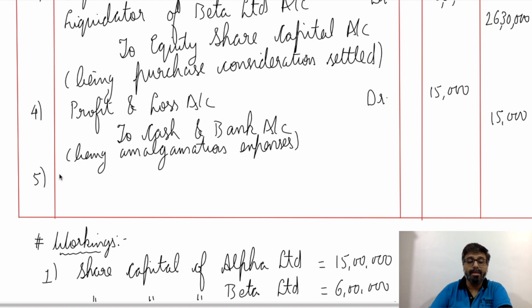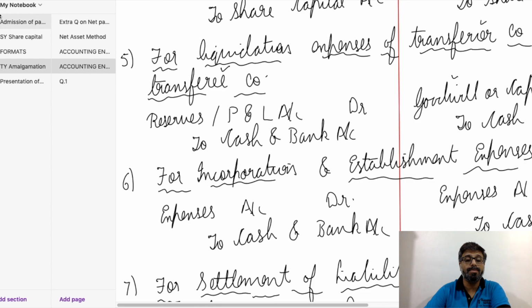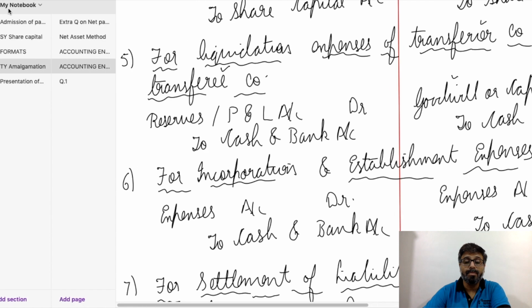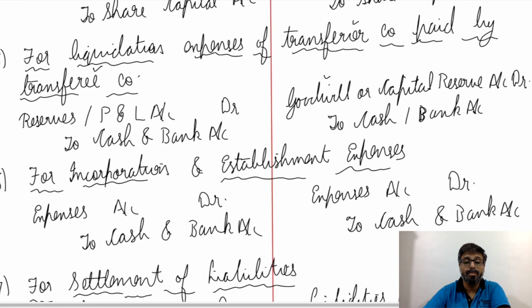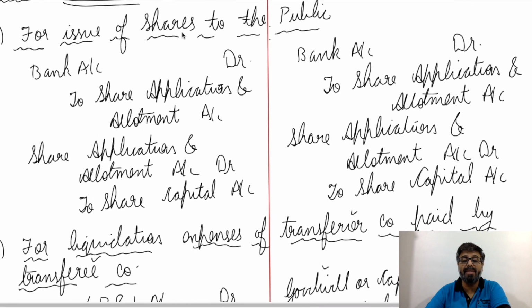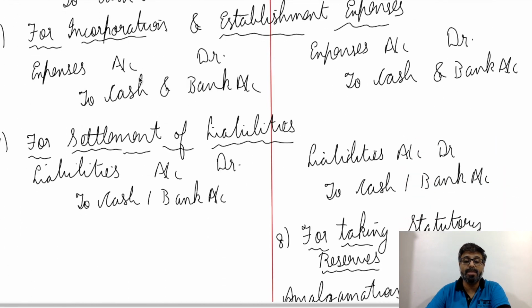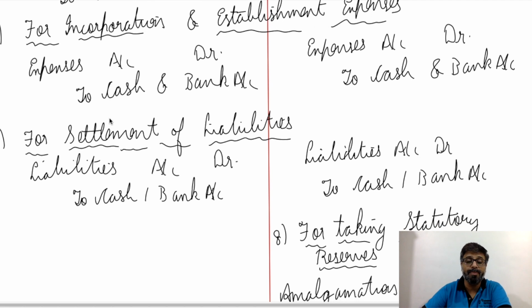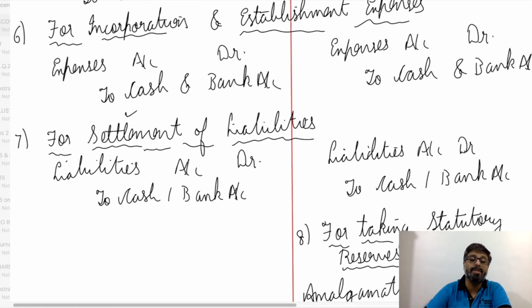Then the next entry, as we studied in the order, was after liquidation expenses. Issue of shares we did not have to the public. After liquidation expenses, incorporation and establishment expenses also are not given in the question. But settlement of liabilities we do have.